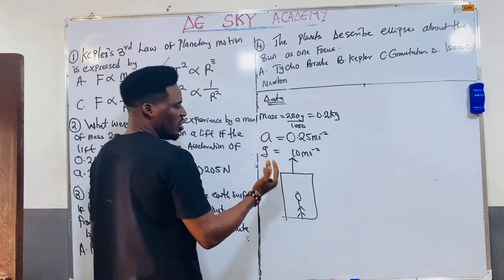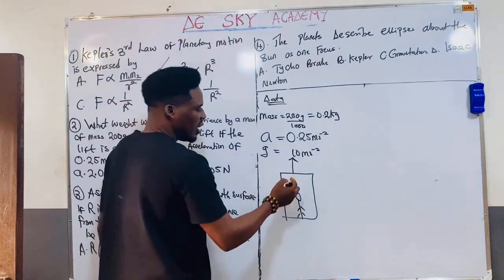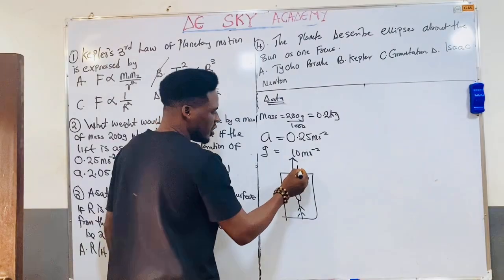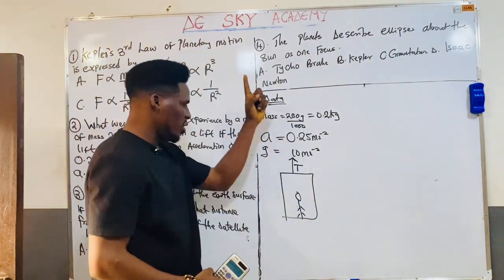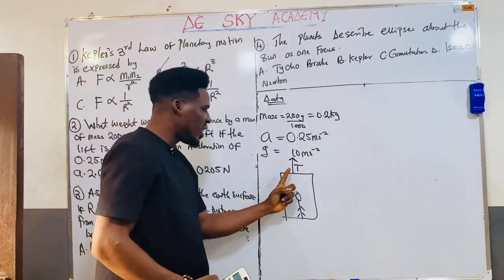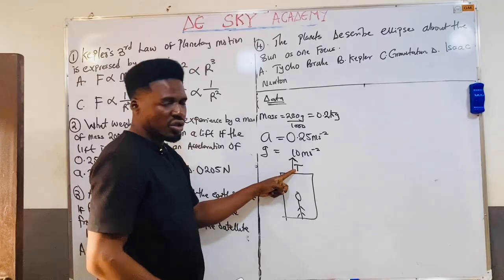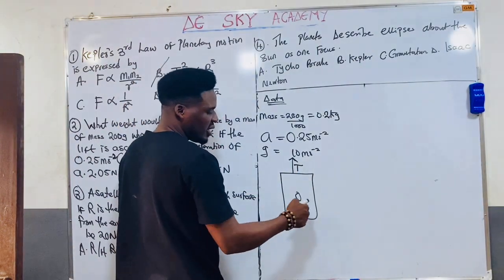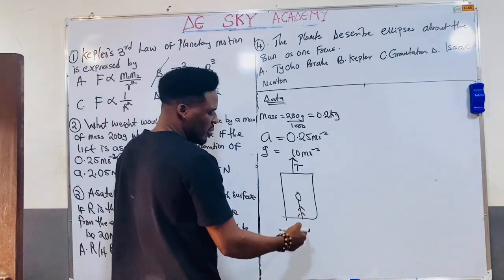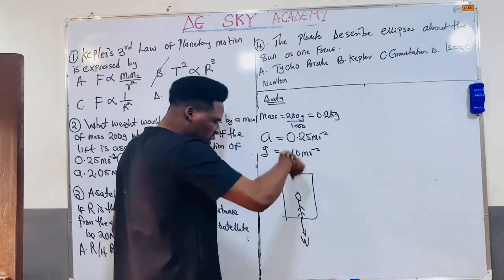If the lift is moving up, there is a force that is pushing the lift up. That force is called tension. Now remember that this man is standing inside the lift. The man possesses a weight, and the weight of this man will be moving downward.